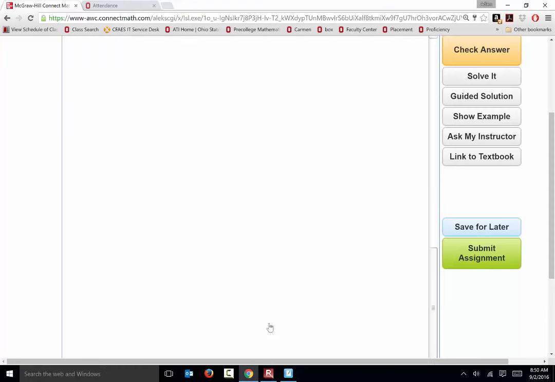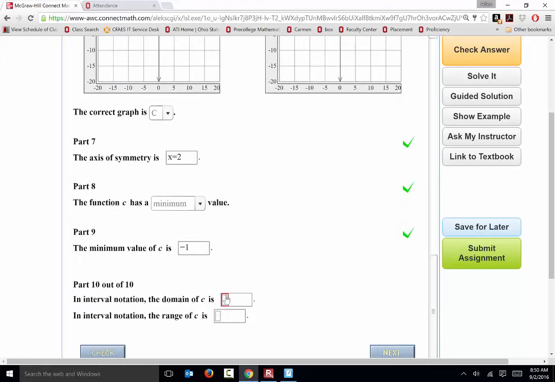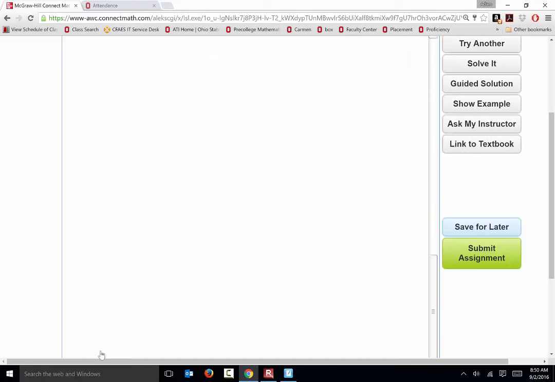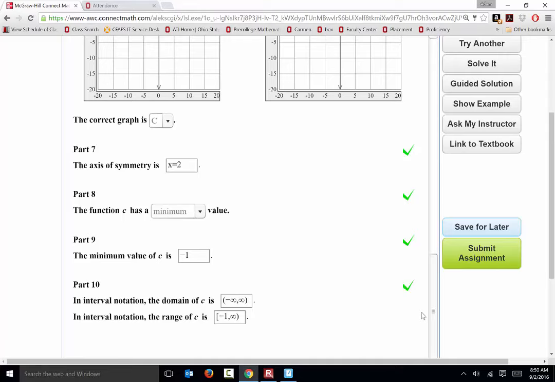And domain: negative infinity, infinity. Range is -1, comma, infinity, parentheses, check. Alright. Looks smooth.